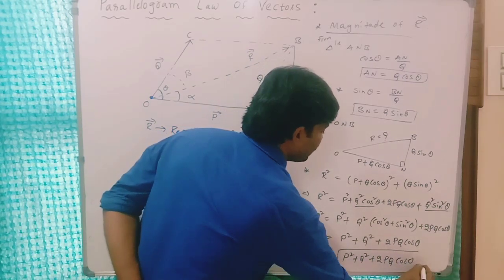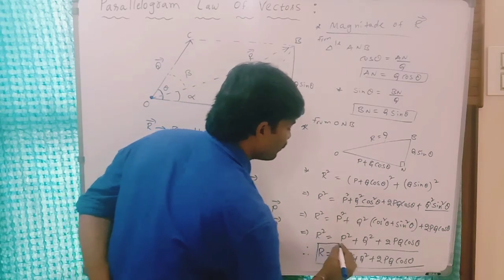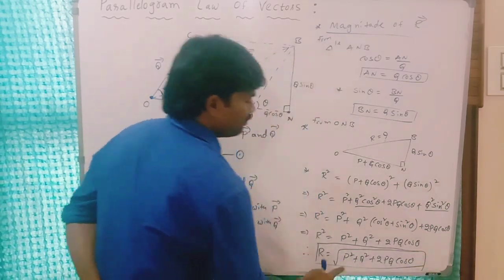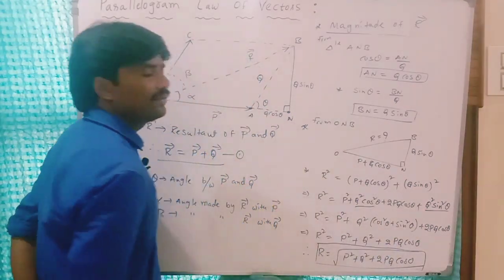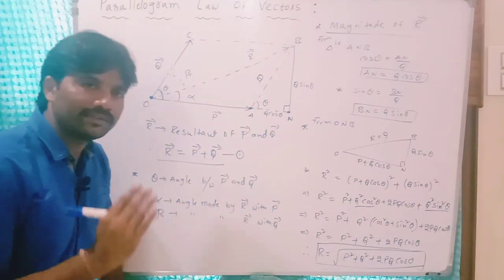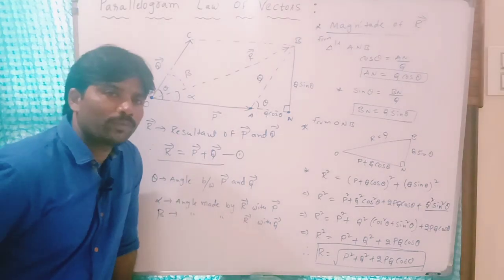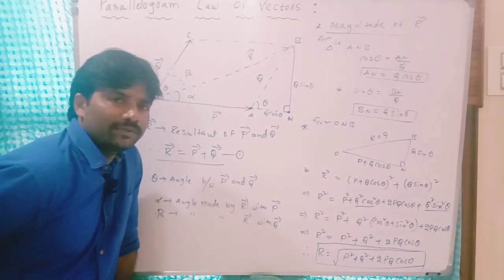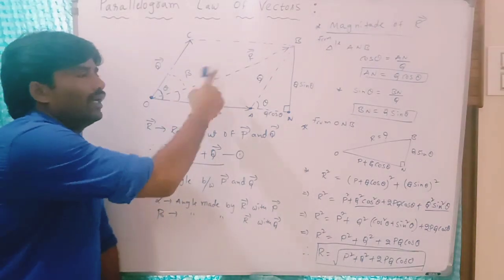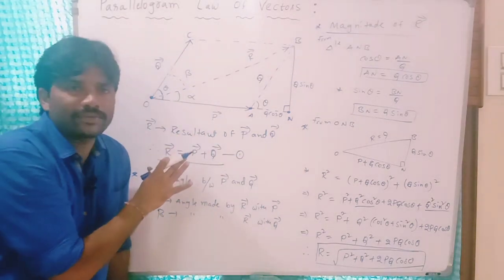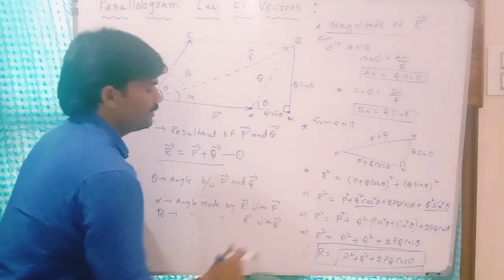From this equation, you can understand this R value depends on magnitude of P, magnitude of Q, and also the angle between P and Q. It depends on two factors. What are they? Magnitude of two vectors and the angle between the two vectors. R value changes with angle also. Clear? That is the magnitude.